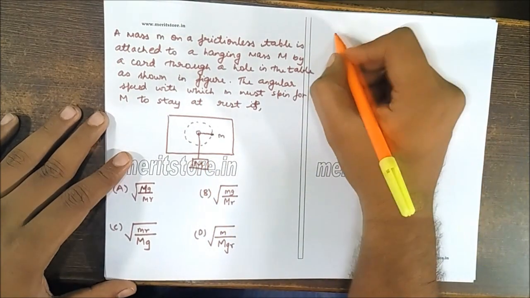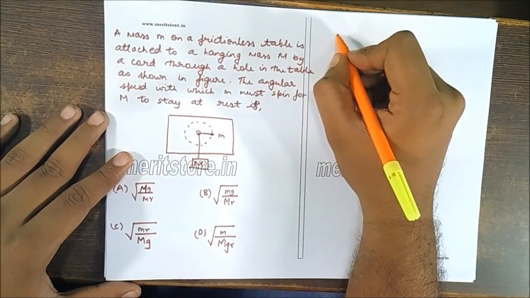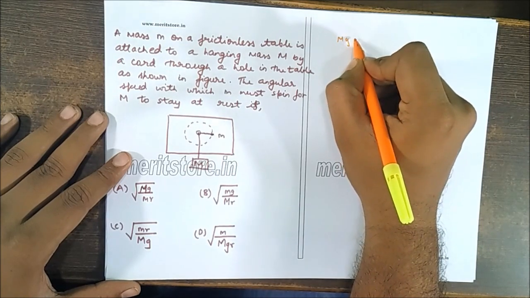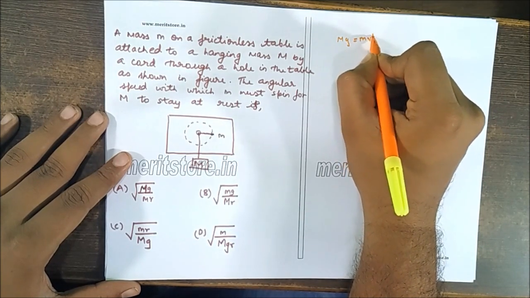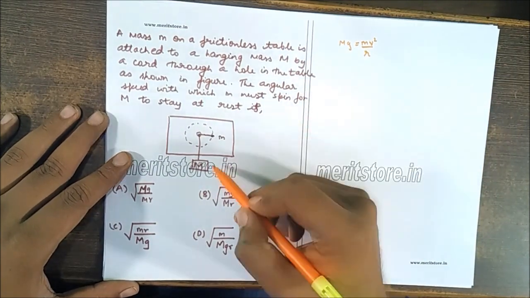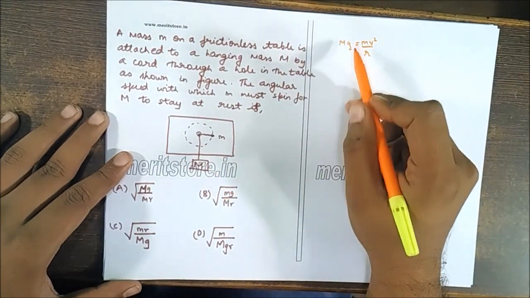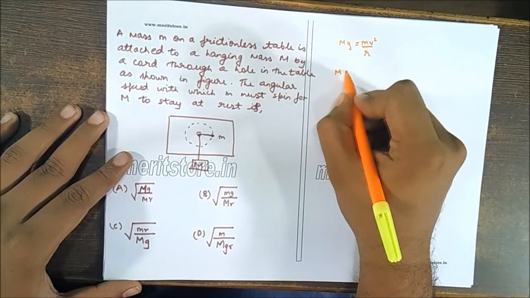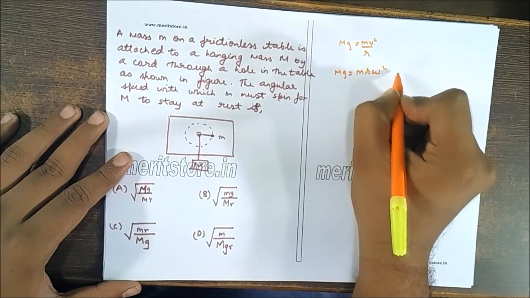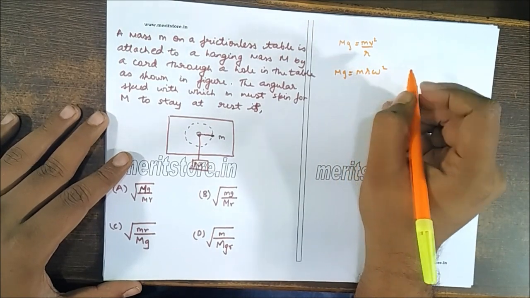Now, we can say the condition for M to be at rest when m is spinning is Mg is equal to mv square by r. That means the weight Mg of this block should be balanced by the centripetal force. Now we can say Mg is equal to m r omega square, another formula for my centripetal force.